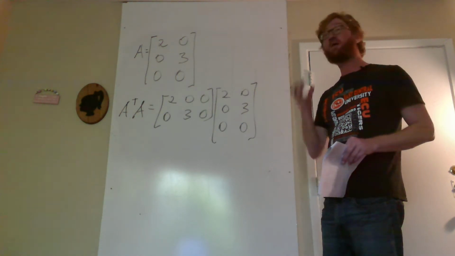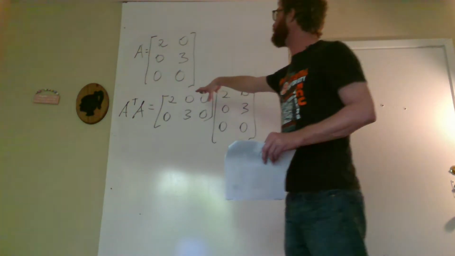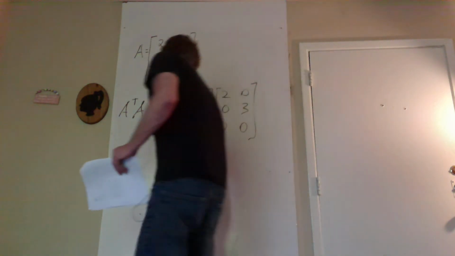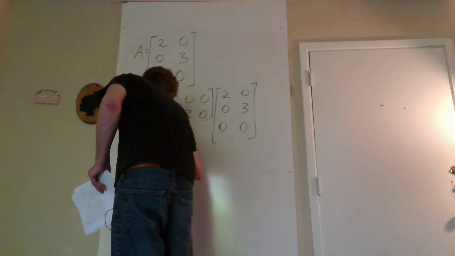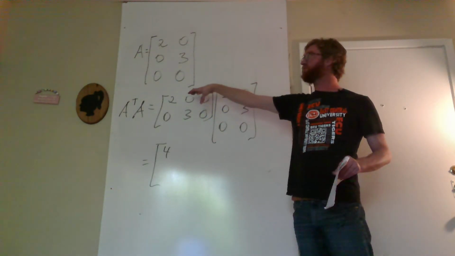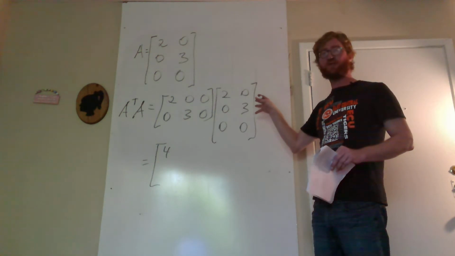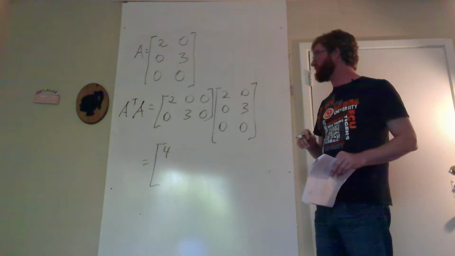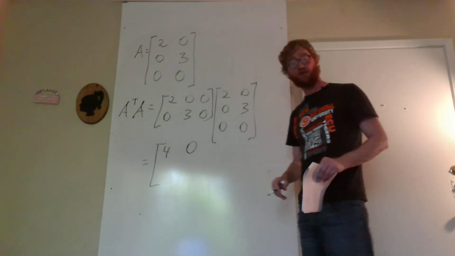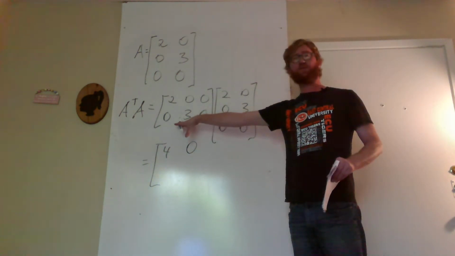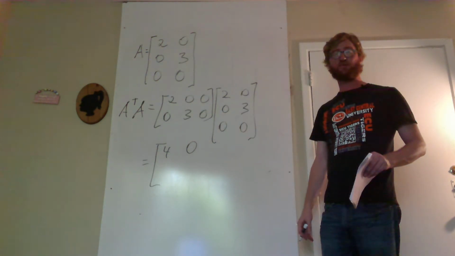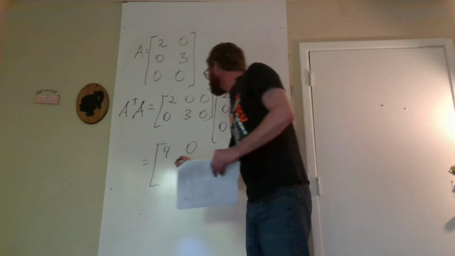And so what does this thing come out with? 2, 0, 0 acting upon 2, 0, 0 is going to give me 4. Now 2, 0, 0 acting upon 0, 3, 0 is going to give me just a 0. Now 0, 3, 0 acting upon 2, 0, 0 is just going to be 0.